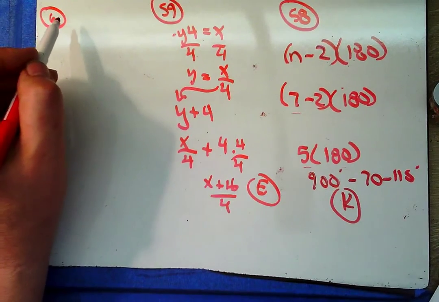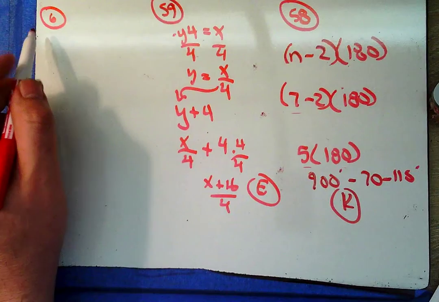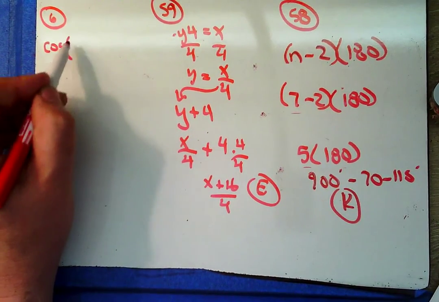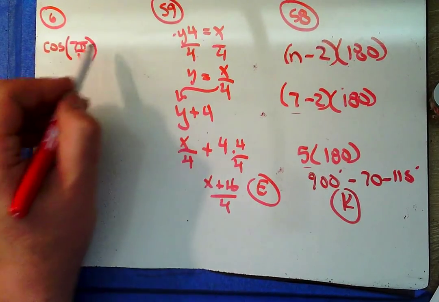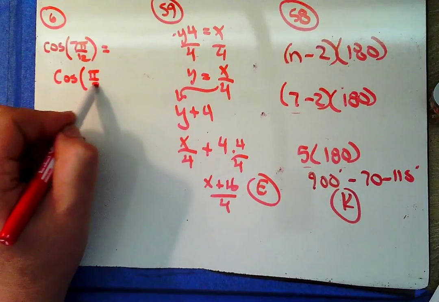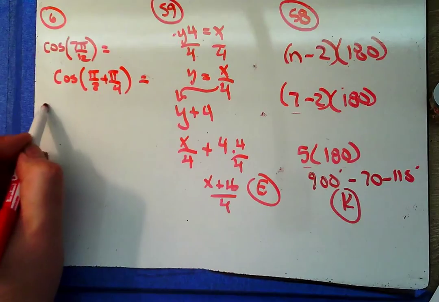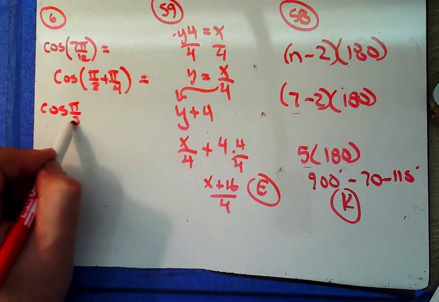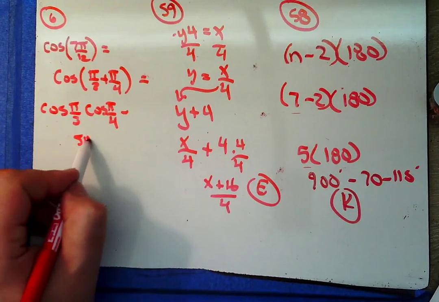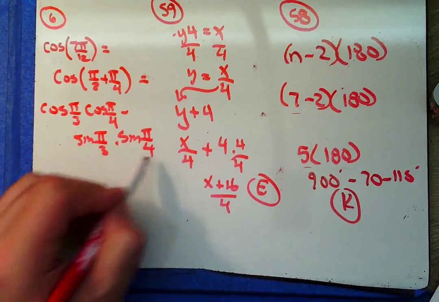We're given a cosine sum formula, and so we need to think about the cosine of 7 pi over 12 as being the cosine of pi over 3 plus pi over 4, and so that's going to be cosine pi over 3 cosine pi over 4 minus sine of pi over 3 sine of pi over 4.